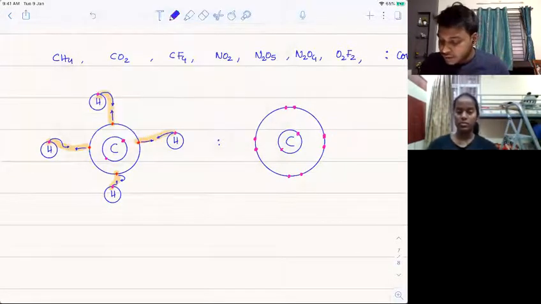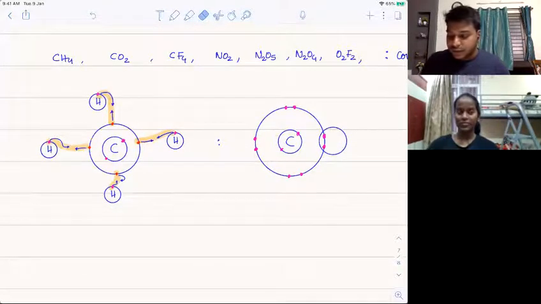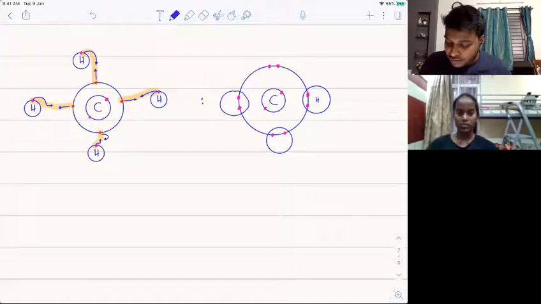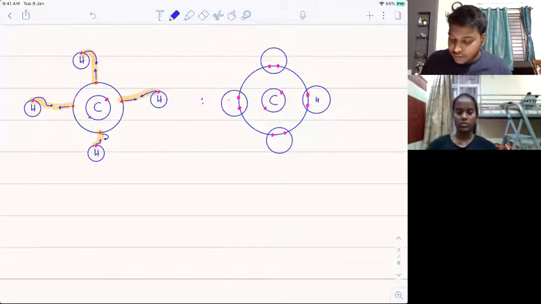If you see, this is hydrogen, and this is its first orbit. So hydrogen's first orbit would be here, one hydrogen's first orbit would be here. So these are all hydrogens.